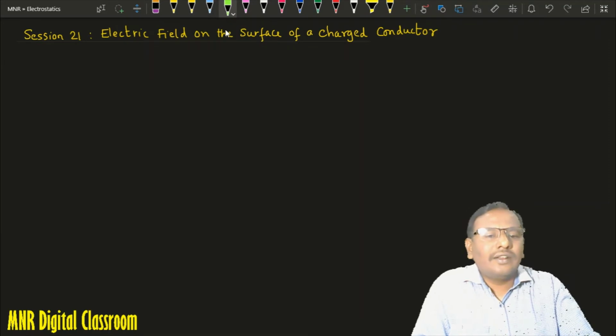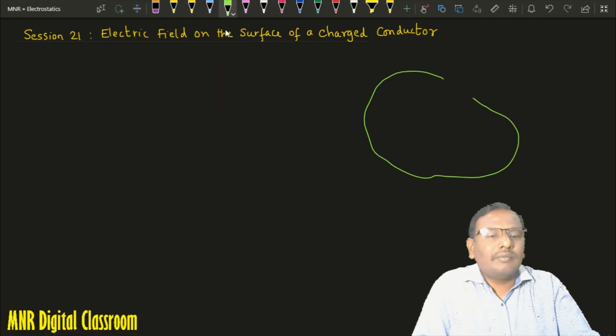Now let us consider a conductor of some arbitrary shape. Let this conductor be given a positive charge.